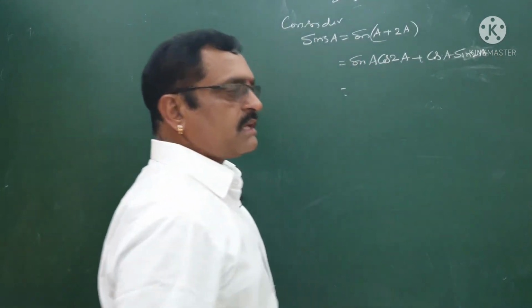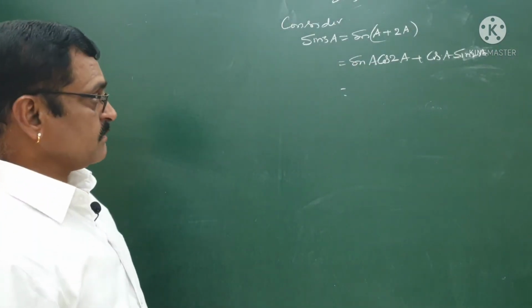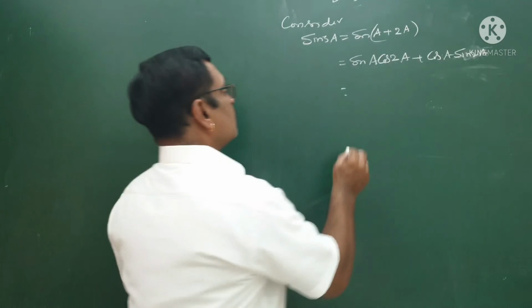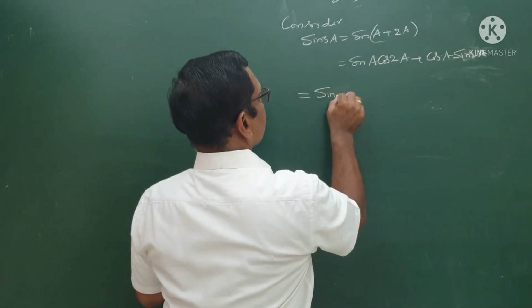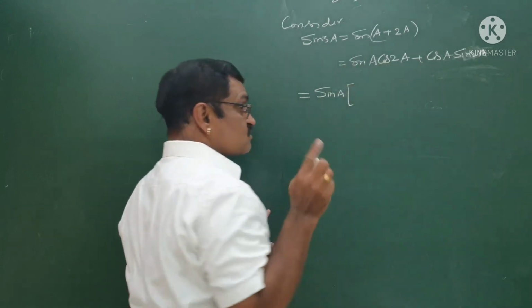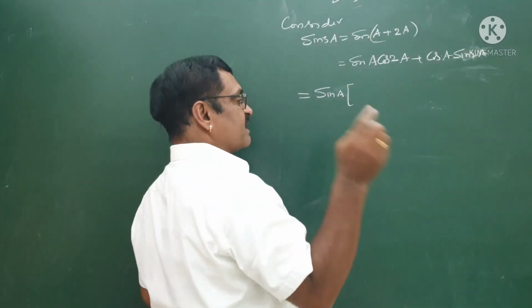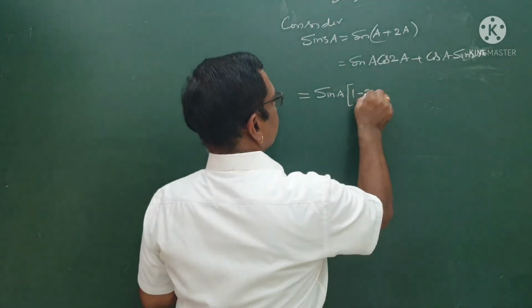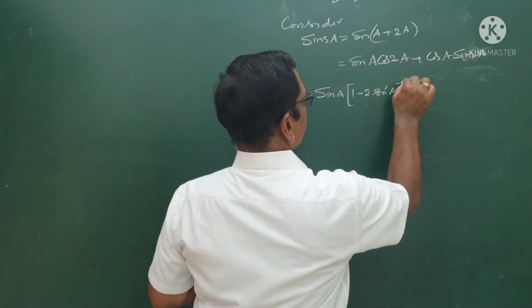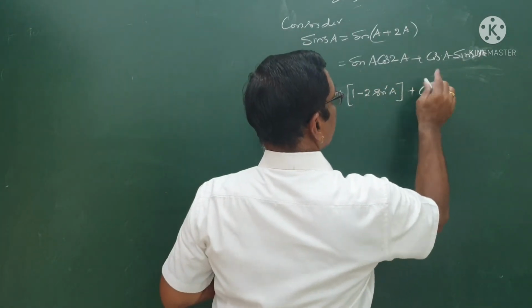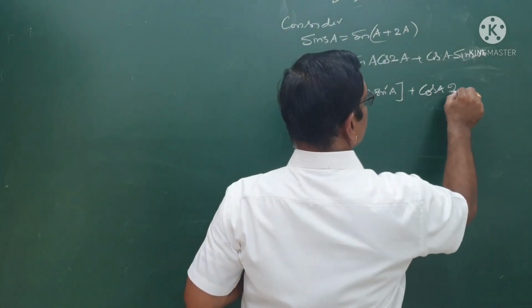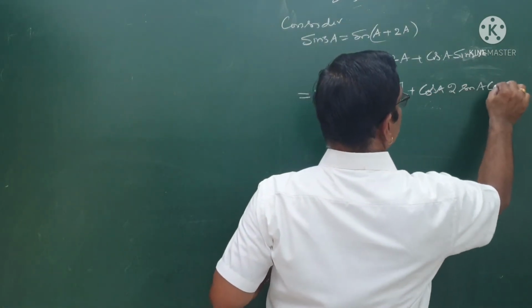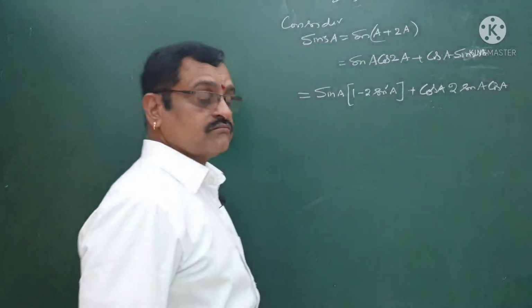Now I don't want cos terms, I want only sin. How I can do? Look here, very simple one. Sin A, I have cos 2A as 1 minus 2 sin square A, just now we derived, plus cos A, and the sin 2A is nothing but 2 sin A cos A.